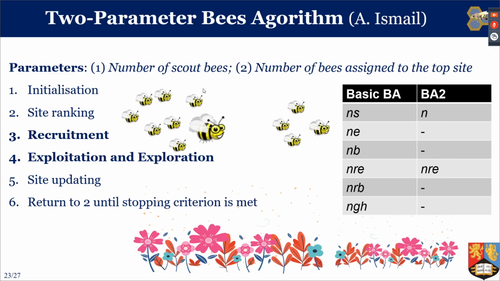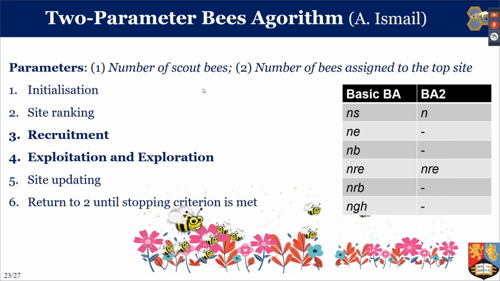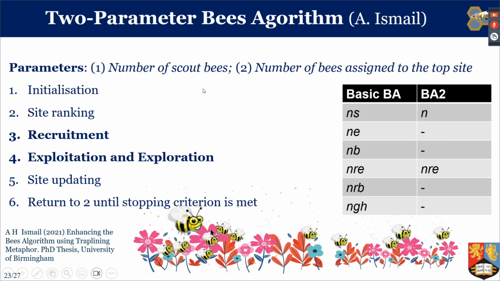So you can see here, this best bee comes to the patch and it is followed by 6 of its 7 bees. The 7th bee flies away and does a bit of exploration. In the case of the other bee, 2 bees do exploration, and only 1 bee focuses on the exploitation.